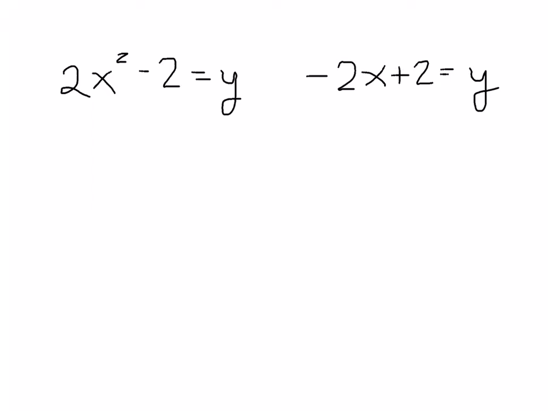Now, when you grab your calculator, once you turn it on, you're going to hit y equals. You're going to get rid of any garbage that's in there, and you're going to type in the equations. Now, this would be y1, so we're going to type 2x squared minus 2 in my graphing calculator.